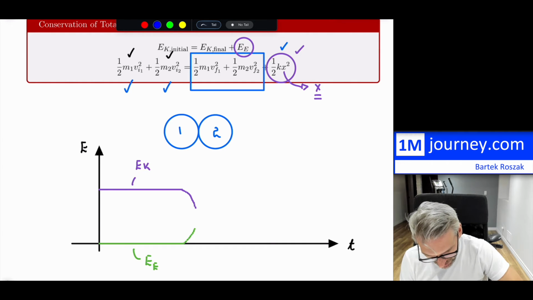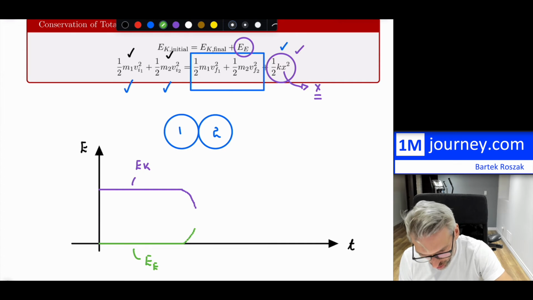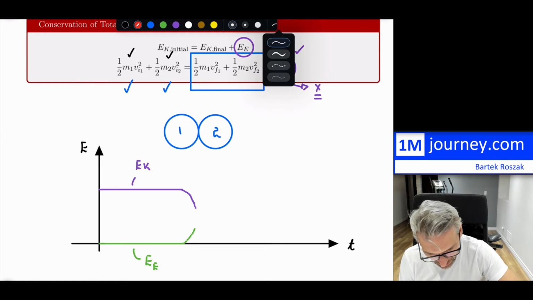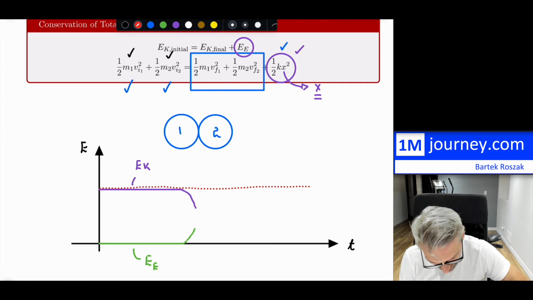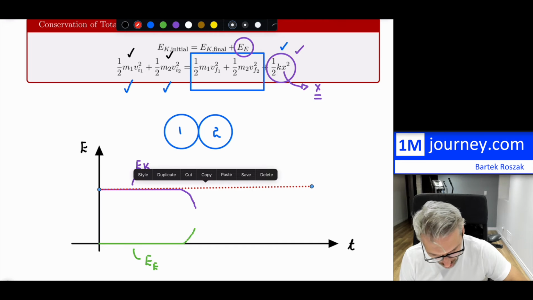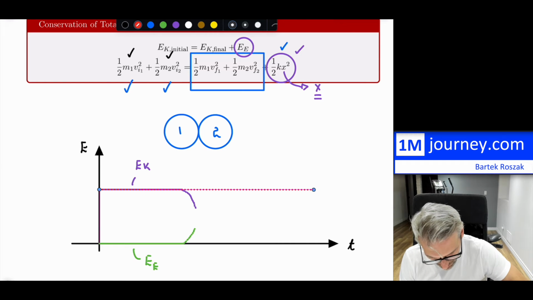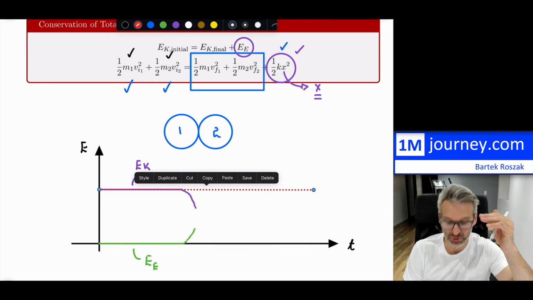So although this technically is getting lost in terms of kinetic energy, it's not a loss, it's a transfer. I'll draw a dashed line just above it. This would be the total that you have, so the total remains the same, as in any conservation law. This would be the summation between the two.